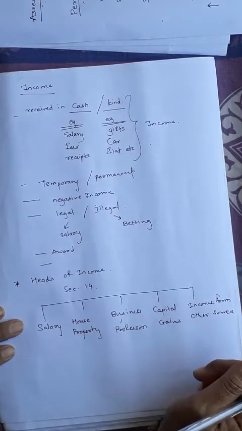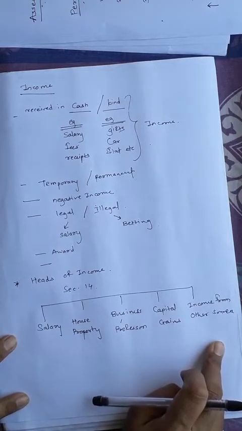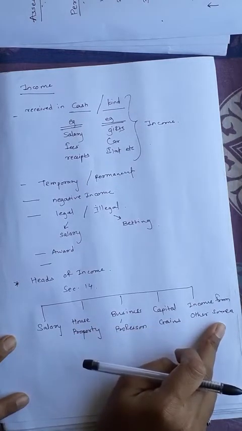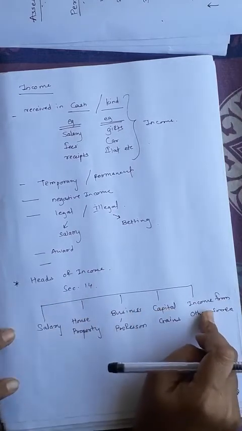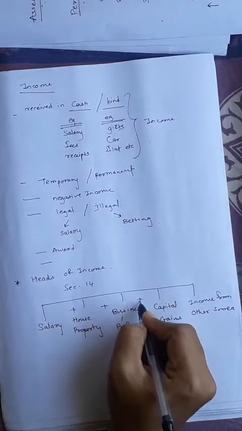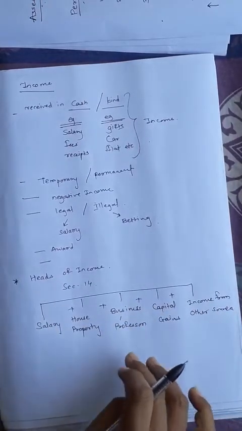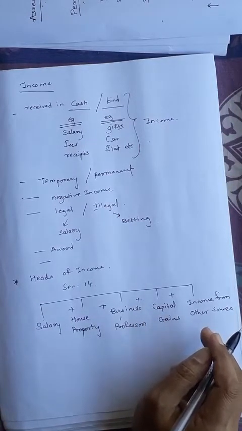For computation of income, all taxable income should fall under any of the 5 heads of income as mentioned. It should be part of any kind of head. Then only we can calculate the total income. Total income means the income received from salary, house property, business, profession, capital gains and other sources.